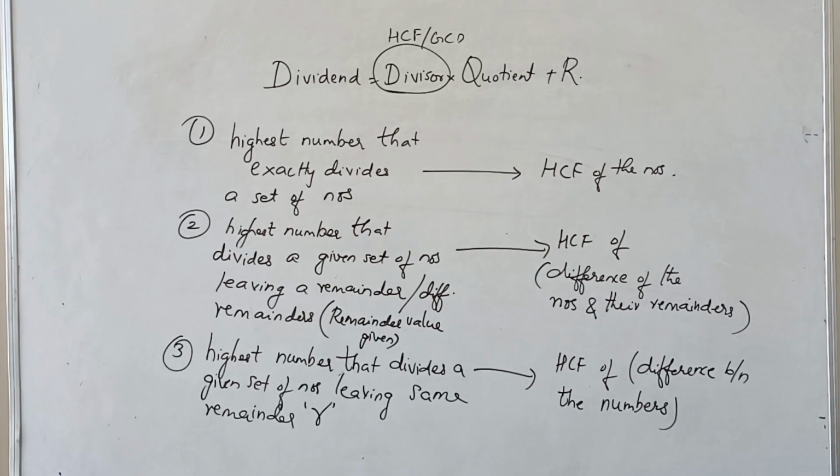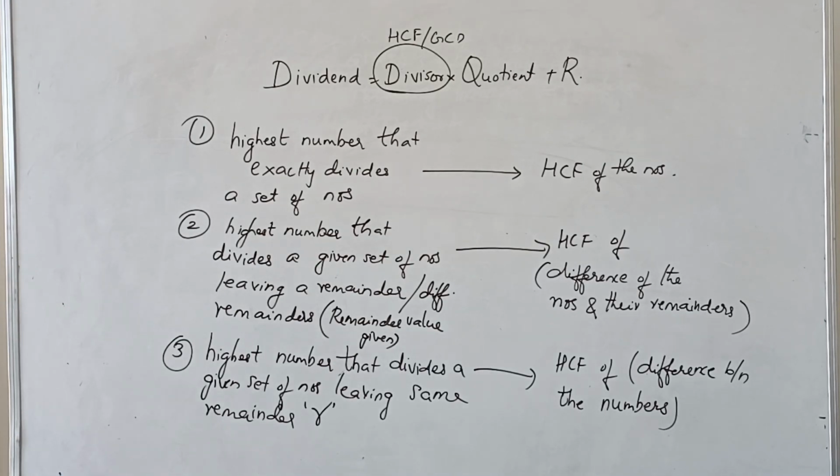Here I have shortlisted whatever we have studied so far. Dividend is equal to divisor into quotient plus remainder. Based on this concept, I have explained how the answers come about in different kinds of sums regarding the HCF. In the first sum, the highest number that exactly divides a set of numbers will obviously be the HCF of the numbers. In the second one, the highest number that divides a given set of numbers, leaving a remainder or different remainders, where the value of the remainder is given to you.